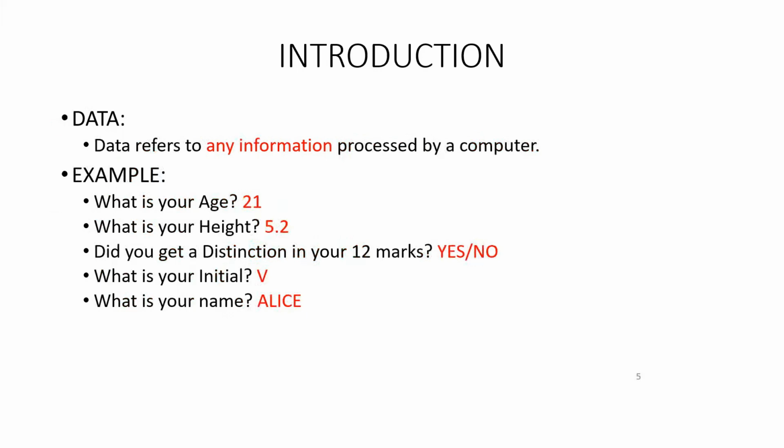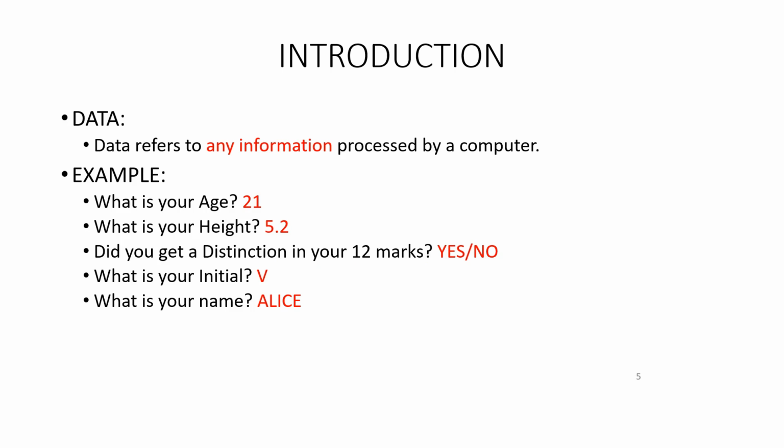So, data refers to any information processed by a computer. Data represents different types of information in everyday situations. Let us look at a few simple examples from everyday life. If we ask someone, "What is your age?" the answer might be 21. If we ask what is your height, the answer could be 5.2.